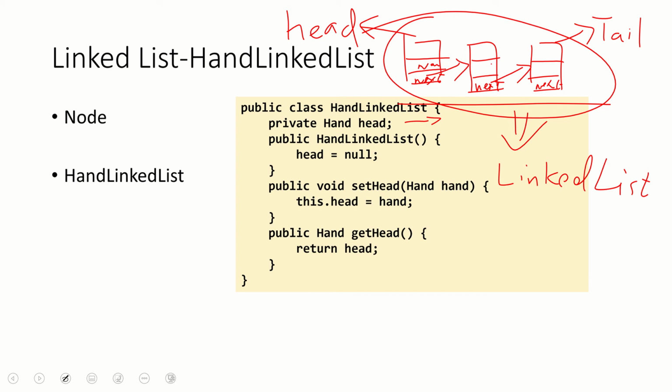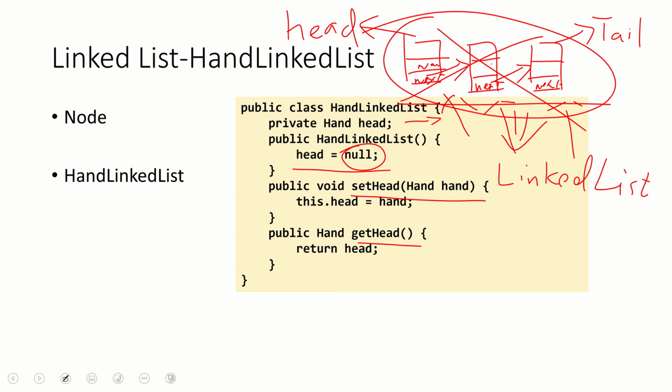Once we define the head, we have a default constructor which makes head null, which means initially the linked list is empty. None of them exist in your list. Then we have a setter and a getter to help you set the head.